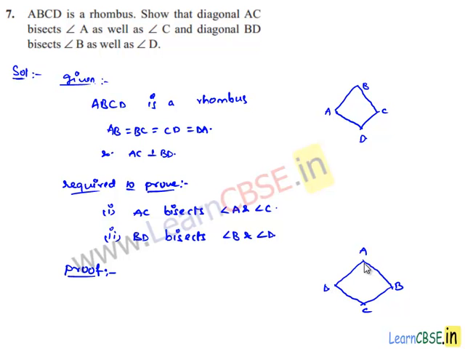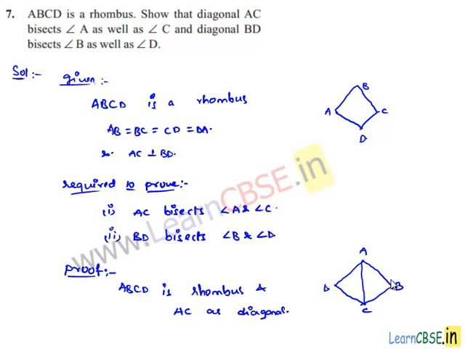and initially let us assume only AC as diagonal. So we consider ABCD is a rhombus and AC as diagonal.